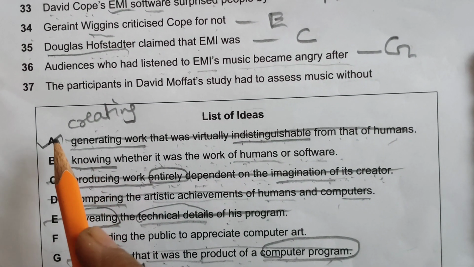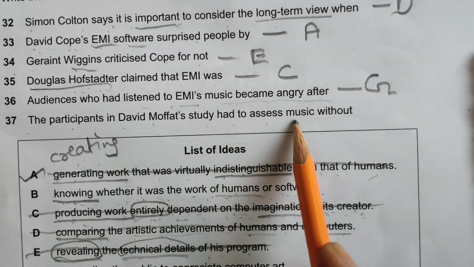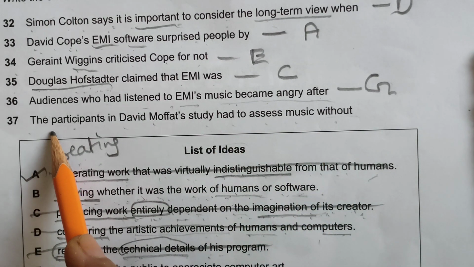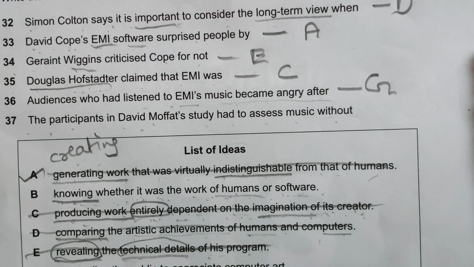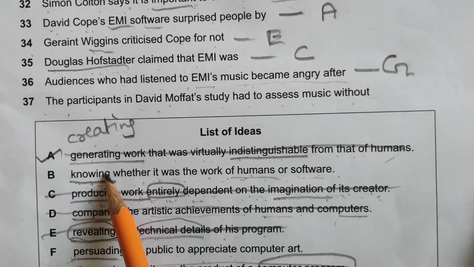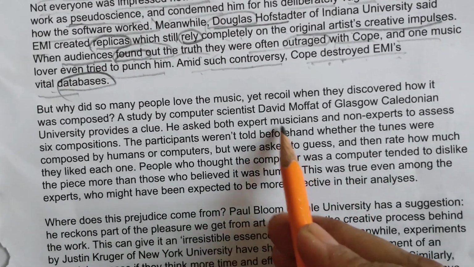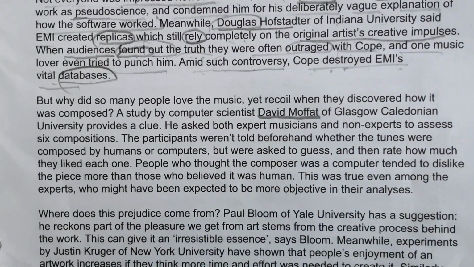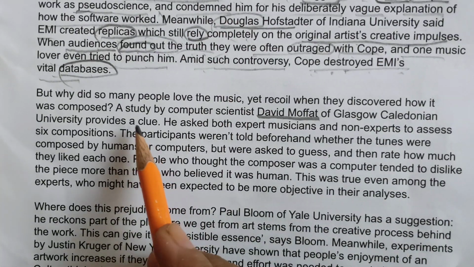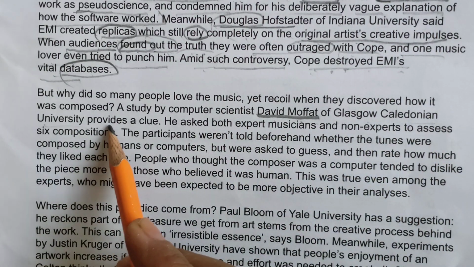Now we are left with 37. The participants in David Moffat's study had to access music without... Now we are left with two options, B and F. Let's read it. Where is Moffat? Yes, here it is. A study by computer scientist David Moffat of Glasgow University provides a clue.